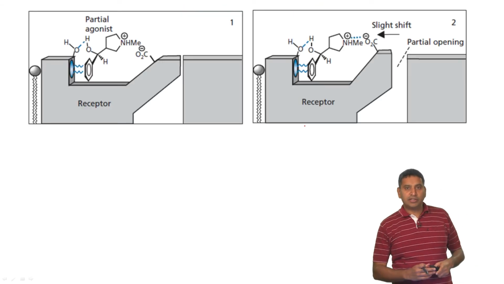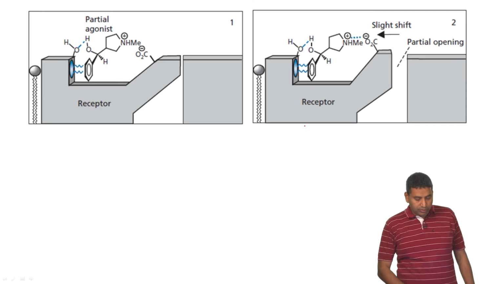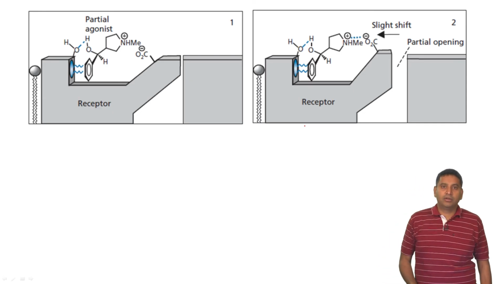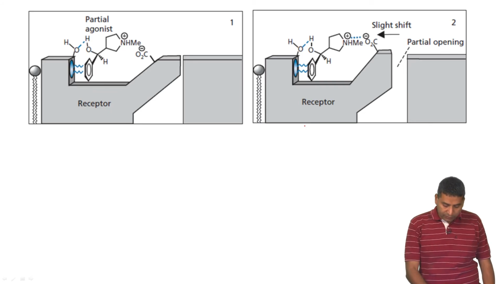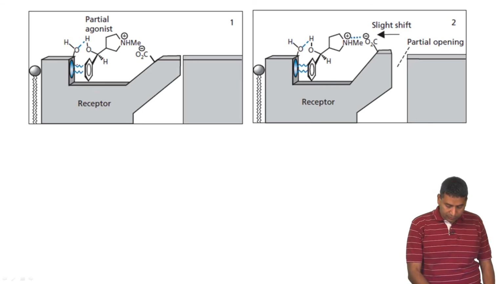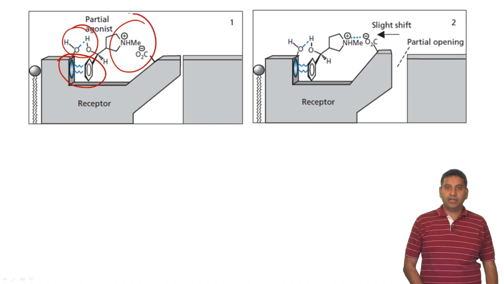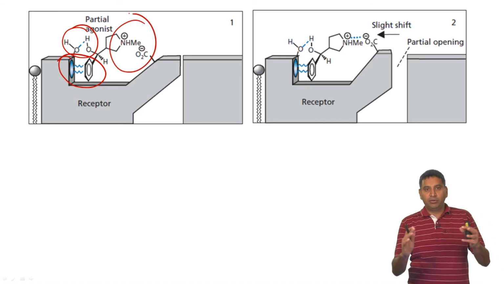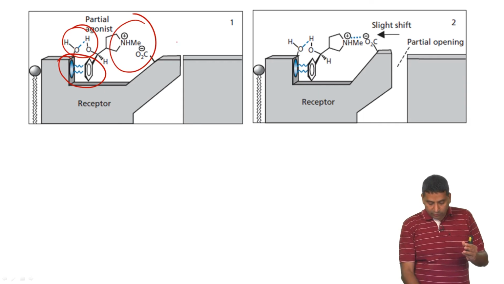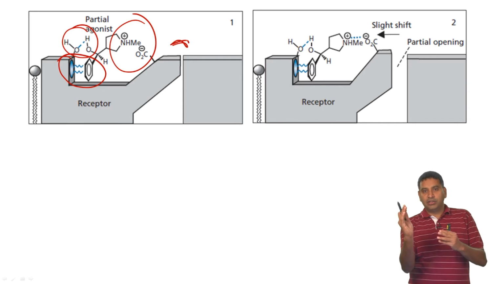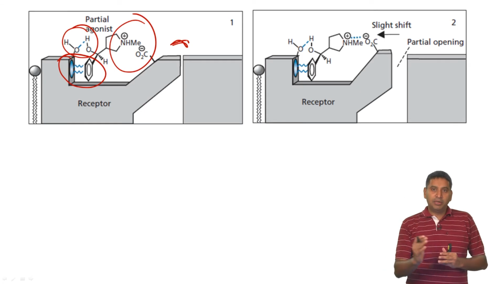Now, let us look at this example over here. So, again recall the hypothetical messenger that we used, and we have here the same or very similar interactions that are happening. So, here is the hydrophobic interaction, here is the hydrogen bonding, and here is the ionic effect. Okay. So, once this molecule binds to the receptor site, this channel which was blocked is now open, but it is not completely open.